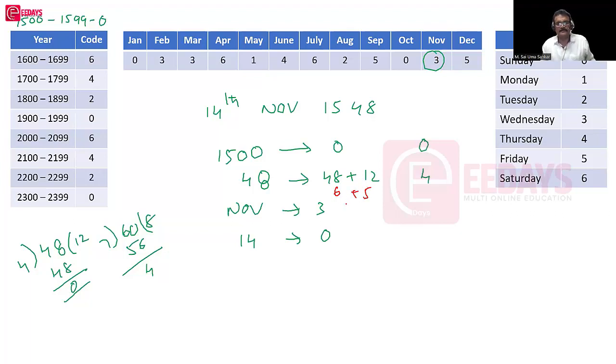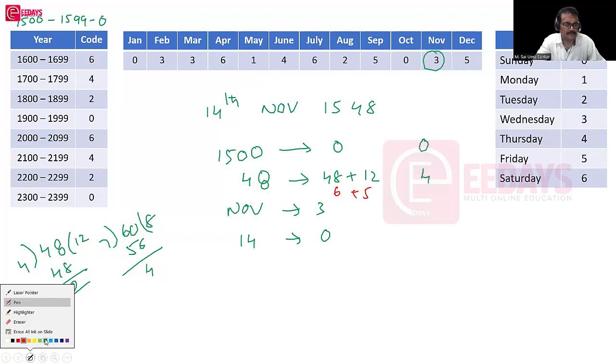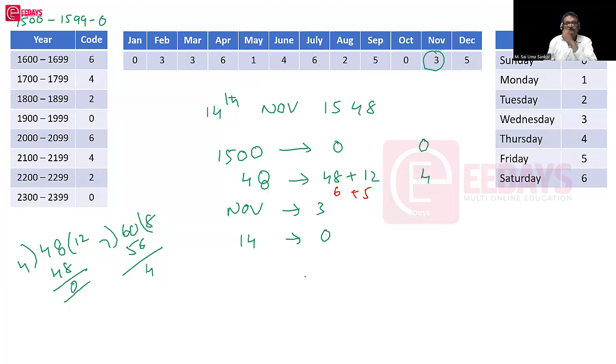Add these two numbers, that is 11. Divide 11 by 7, the remainder is 4. Whichever way you take, you will get the same answer.